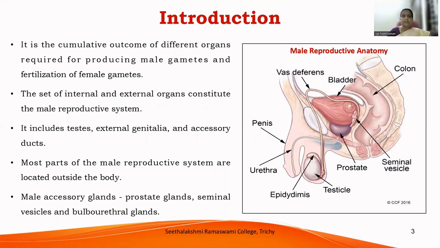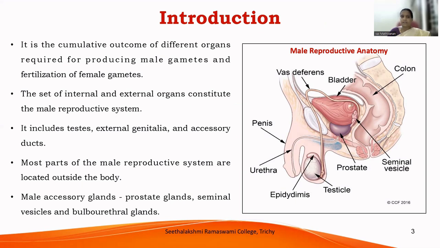The male reproductive system is a cumulative outcome of different organs required for the production of male gametes that fertilize the female gametes. A set of internal and external organs constitute this system. It includes testes or testicles, external genitalia, and accessory ducts.